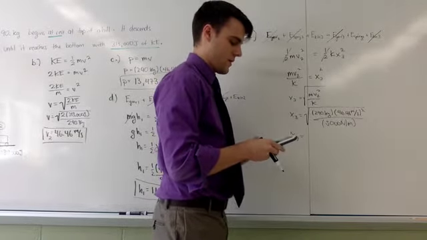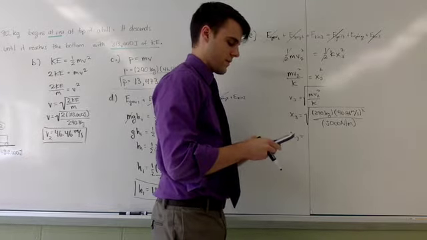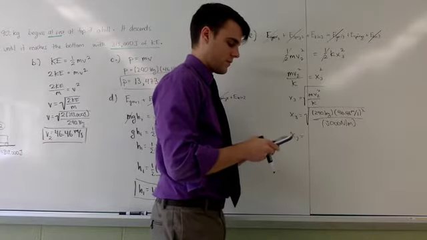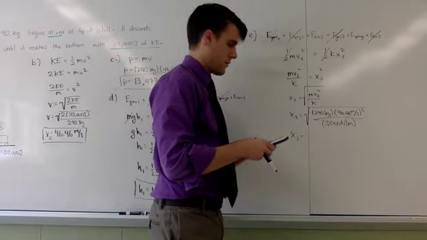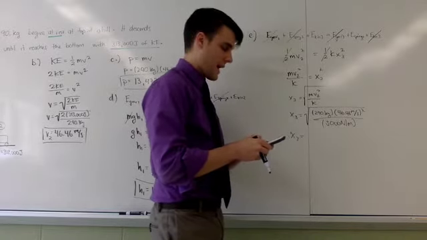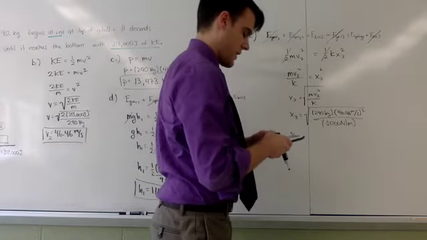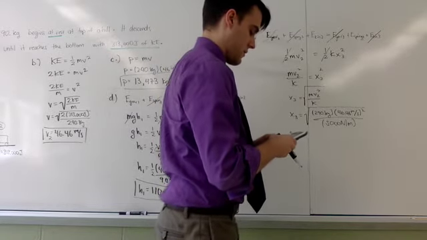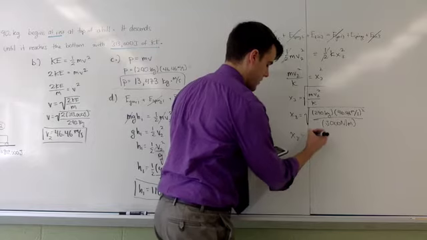Let me try that again. Divided by 5,000 is about 125, and the square root of 125 is about 11.2.